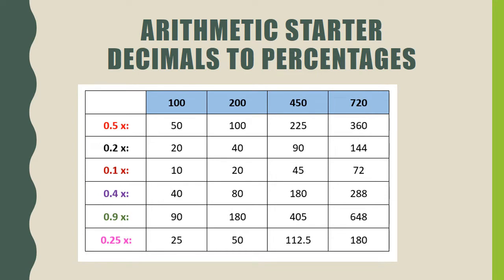We know 1 times 100 will give us 100. 0.5 is half of 1, so our answer is going to be half of that. 0.2 times 100 gives us 20. 0.1 times 100 gives us 10. 0.4 or 40% of 100 gives us 40. 0.9 gives us 90, and 0.25 times 100 gives us 25. And if you have a look all the way across, you'll see all the answers. So well done if you managed to get those.